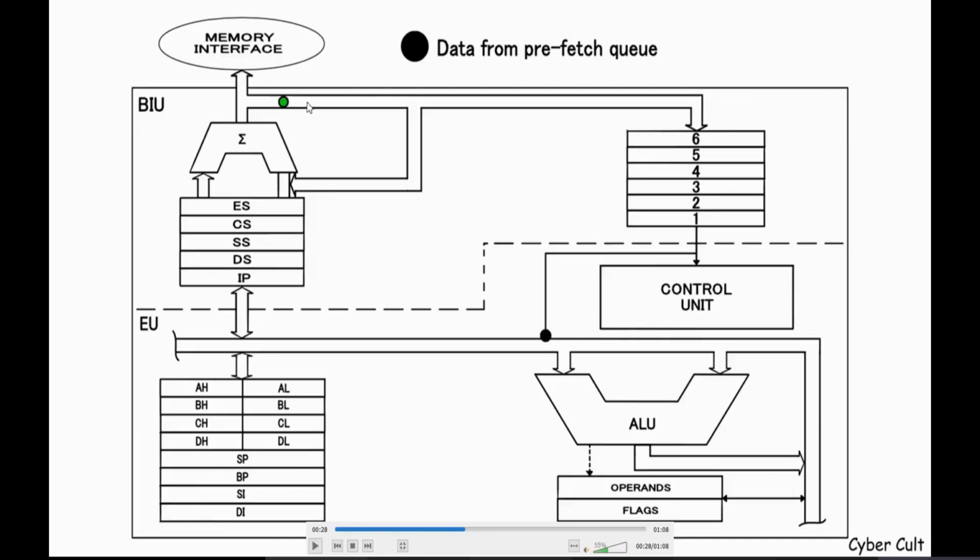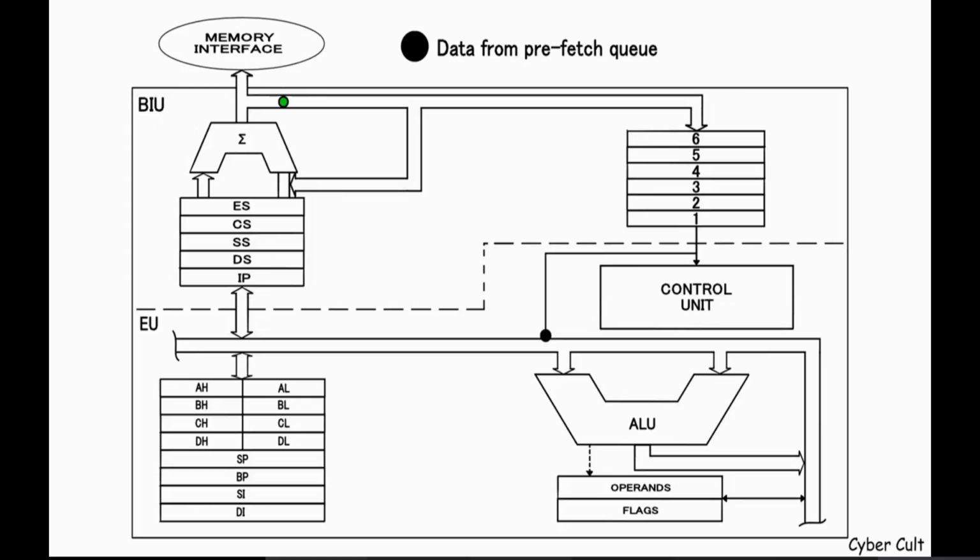The moment the second byte is getting loaded from the memory, the previous byte has been shifted from the queue and loaded in the data bus. Otherwise, it could have been a sequential process. पहले fetch होता, फिर decode होता, और फिर क्या होता? Execute होता. But what is happening here? Fetching and decoding are happening at the same time.